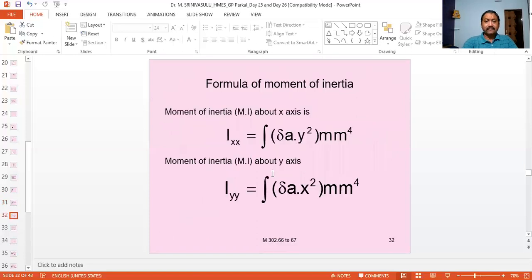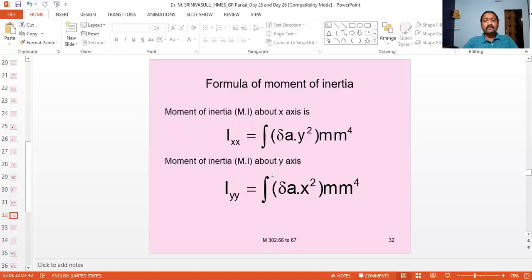So the moment of inertia Iyy is equal to the integration of dA into x square, whereas the moment of inertia of the area about the x-axis, Ix, is equal to the integration of dA into y square.